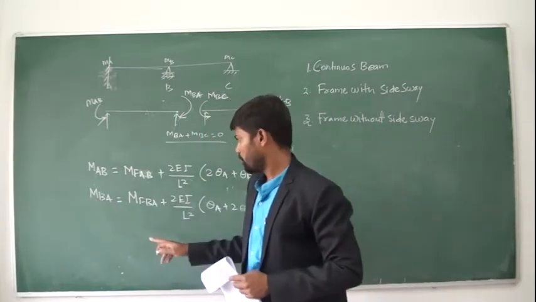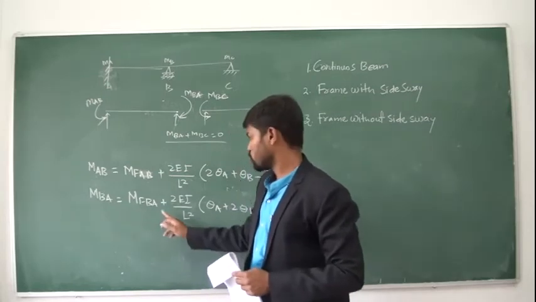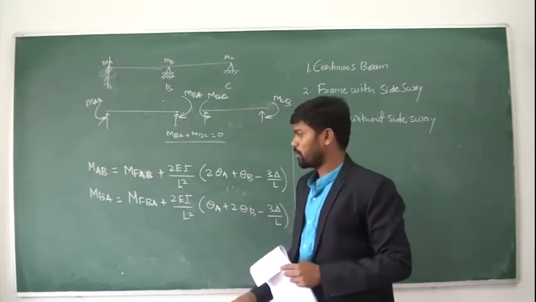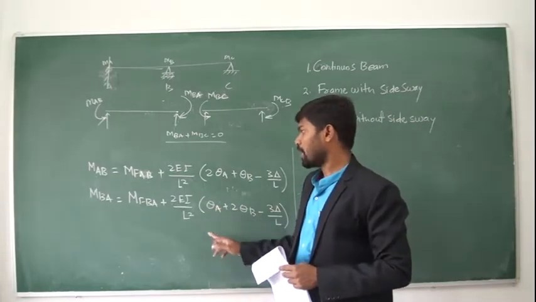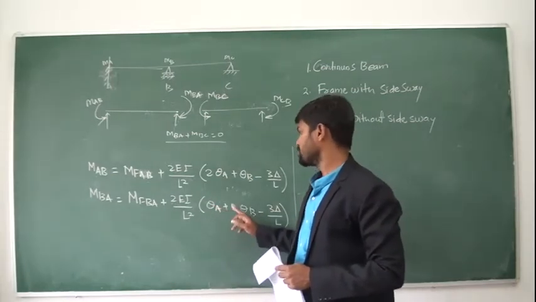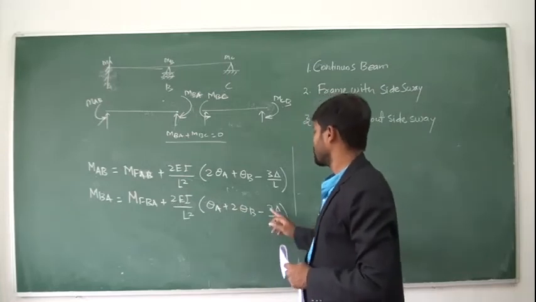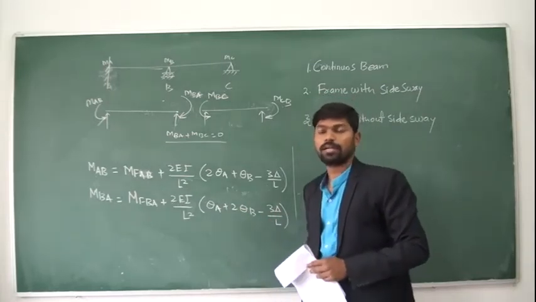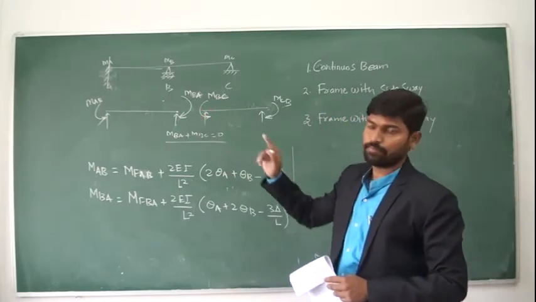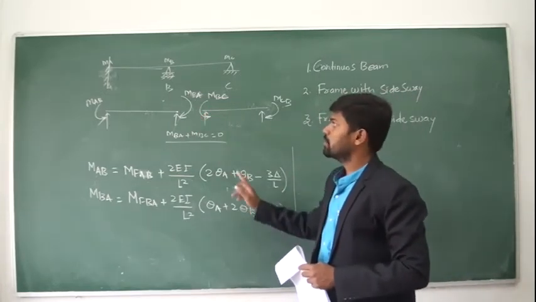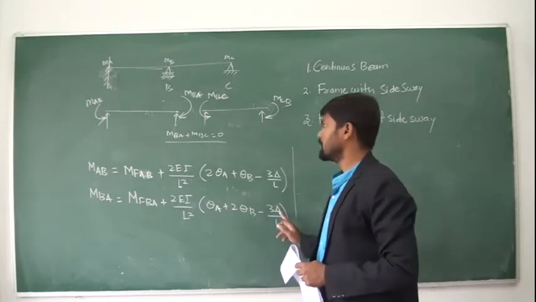MCB is equal to MFCB plus 2EI divided by L square, where L is the span of CB, into bracket theta B plus 2 theta C minus 3 delta divided by L. Now, what is theta A? Theta A is the slope at A. What is theta B? Slope at B. What is delta?